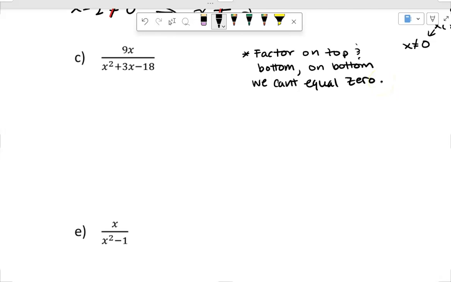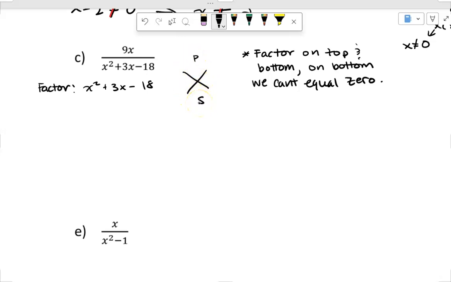Top, it's okay to equal 0. Bottom, not okay. So we have to factor wherever we can. 9x can't be factored, but x squared plus 3x minus 18 can definitely be factored using our product sum.